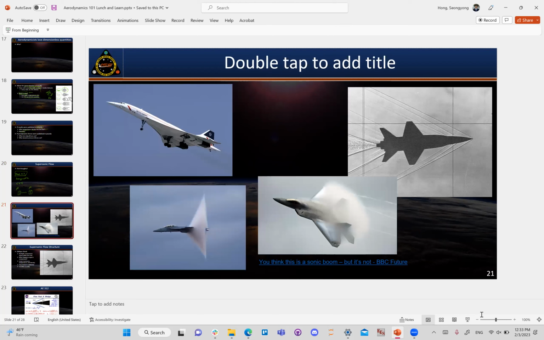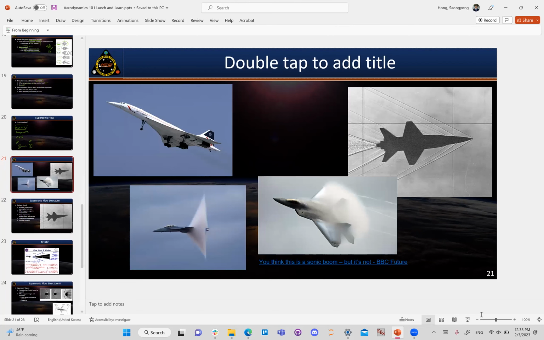So if you see supersonic flow, you imagine stuff like this. You know, the Concorde. Hopefully we get supersonic flight back, or maybe it's bad for the environment. Okay, so you've got the Concorde, and then you've got these images called Schlieren images. What this does is allow you to visualize density change, which is super cool. As the density of your fluid changes, light refracts through it differently.